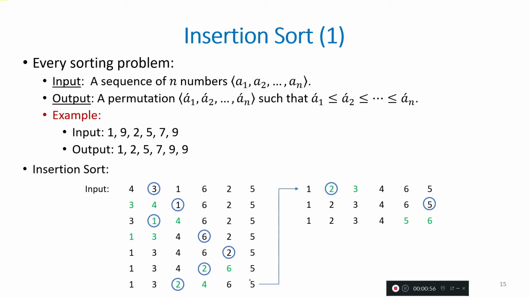In case of insertion sort, if you are given such an input and you are asked to sort it, what you do is basically the same as you would do with a hand of cards. If you are playing cards, you already have one card in your hand and you take another card from the deck. Then you compare it with the card in your hand.